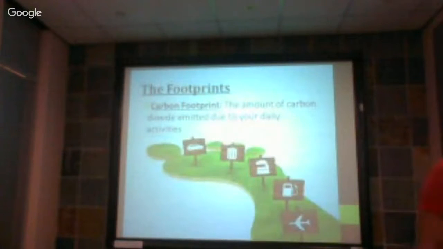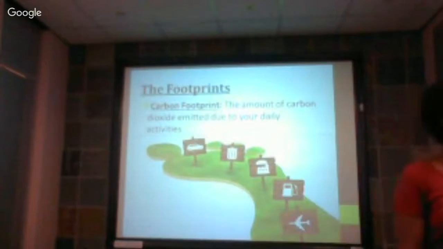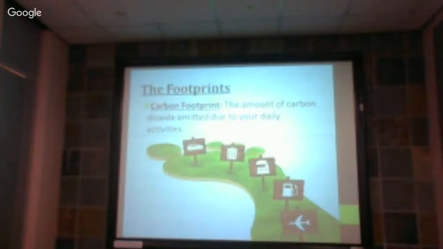Another thing is the carbon footprint, which is the amount of carbon dioxide emitted due to daily activities. Carbon footprint is a term that stems from ecological footprint, whereby you measure the carbon emissions per person. We can also measure it per year for each country or person, looking at how daily activities emit CO2 through the use of petrol, how industry produces products for us to consume, our waste, and transport, how our private cars emit carbon dioxide into the atmosphere.